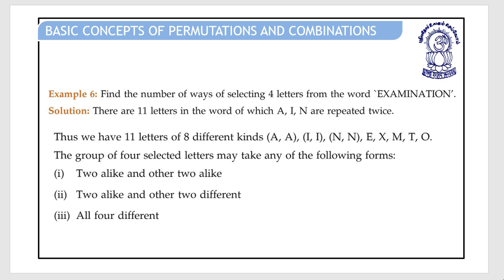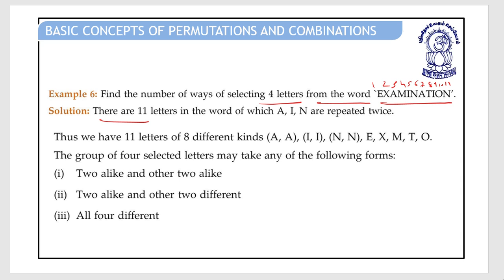Example number 6. Find the number of ways of selecting 4 letters from the word examination. There are 11 letters. Examination is 1, 2, 3, 4, 5, 6, 7, 8, 9, 10 and 11.